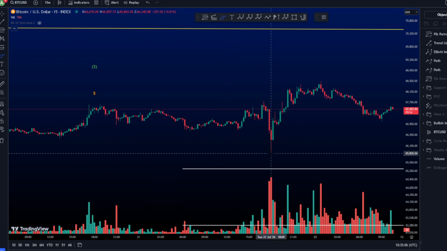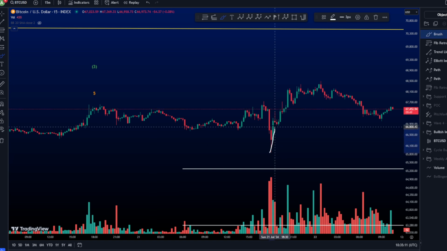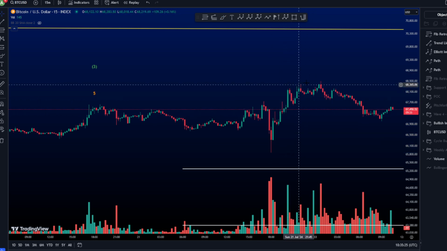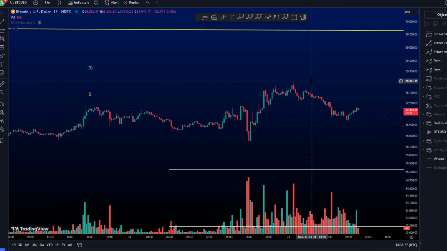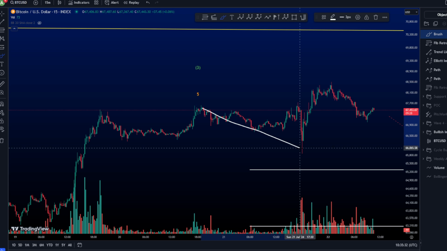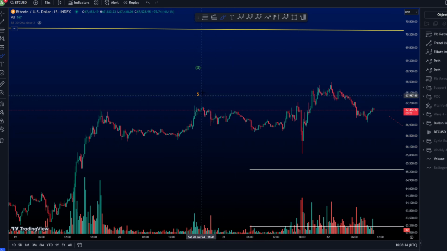In a contracting diagonal, the wave 1 should be the biggest wave. It should look somewhat like that, but not longer like this one. This is a very long one, so we cannot take it as multiple waves. Therefore, I see that this is an A here, finishing wave 5 here.